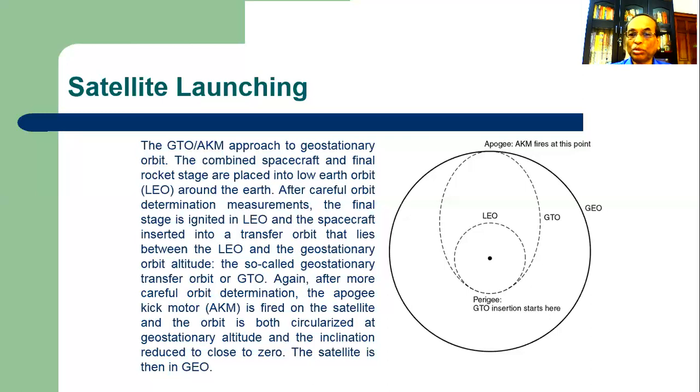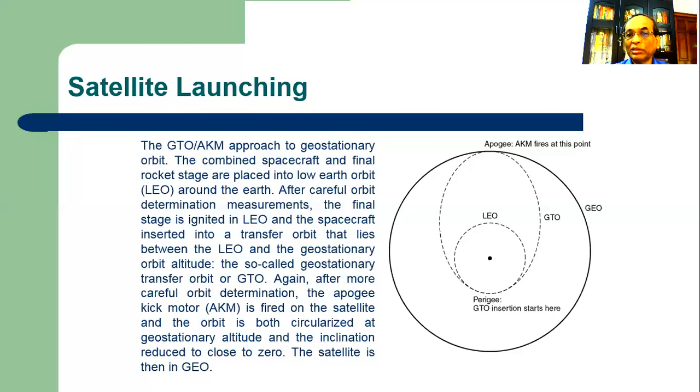So it is just a two-step process. First step, the satellite will be placed in the LEO, and through the transfer orbit, with the help of the final stage, the satellite is placed from the LEO to GEO following the transfer orbit, the geostationary transfer orbit.